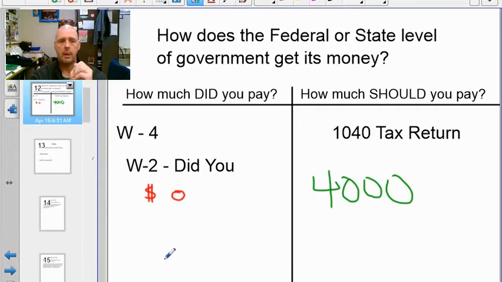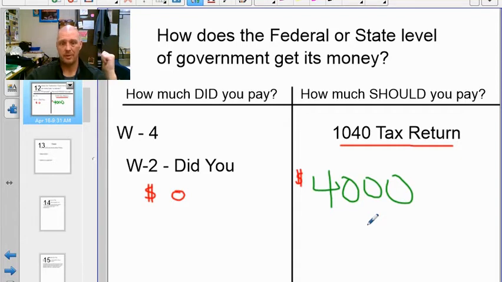Fine, good for you. You get to the end of the year, your W-2 form says, yep, nothing in federal, nothing in state. Okay. My tax return is due on April 15th. So on April 15th, I got to be able to cut a check to the federal government in this example for $4,000.